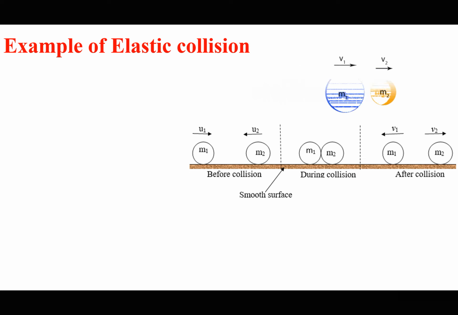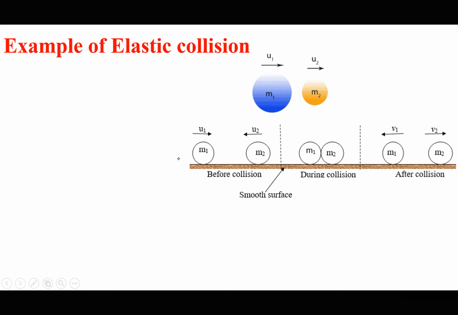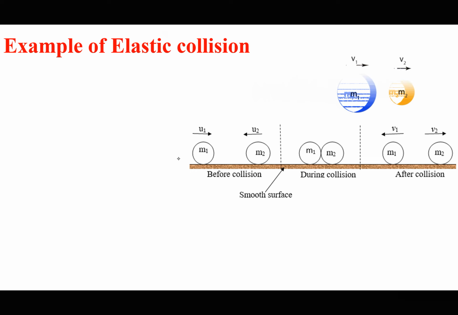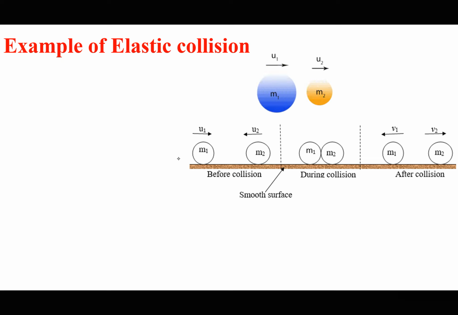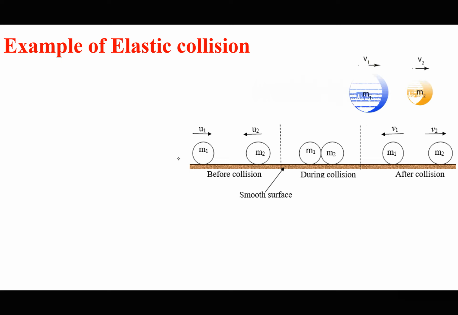Before collision, M1 is moving towards the right with the speed u1, and M2 is moving towards the left with the speed u2. After collision, again, they continue moving in a straight line, only that M1 moves to the left and M2 moves to the right. Such collisions are considered to be head-on collisions.